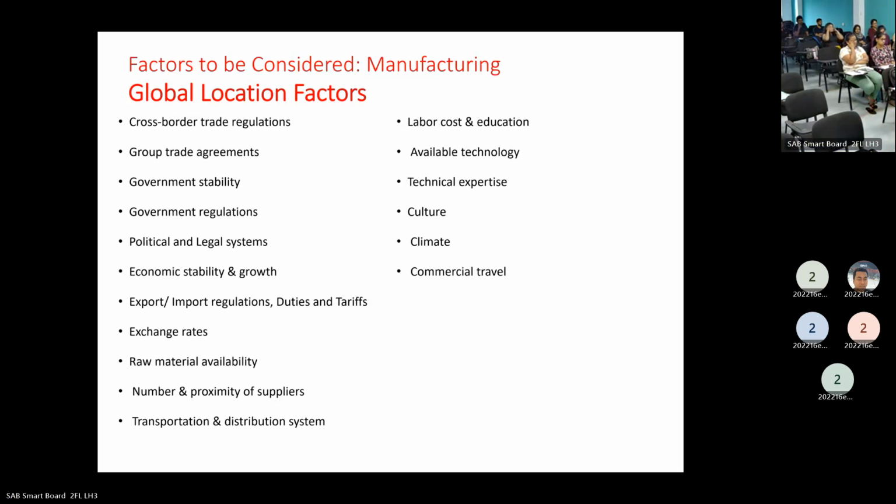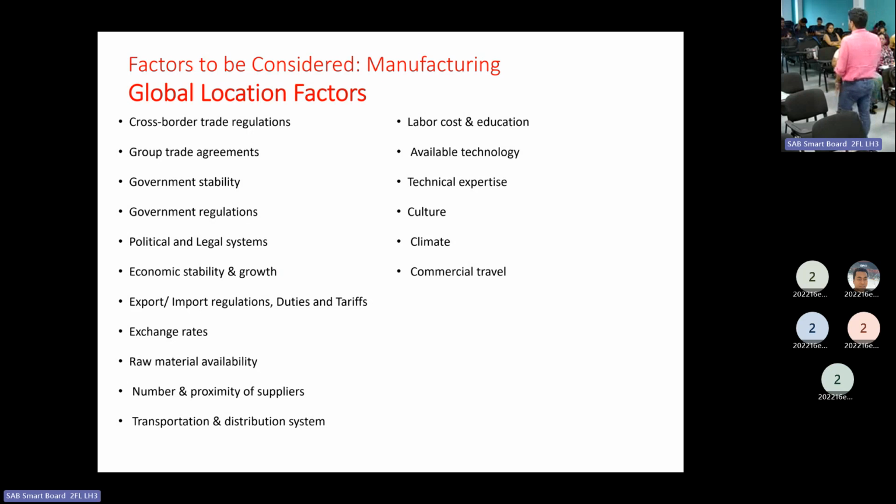What is this slide number? Slide number 11 gives you a list of factors that are considered as global location factors. Global location factors.